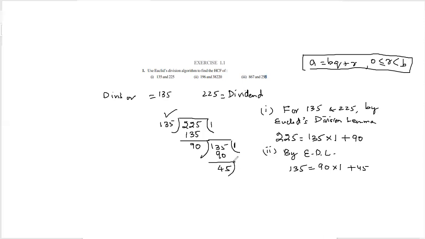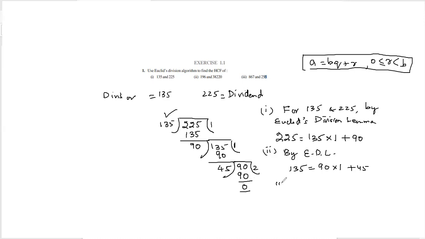Now again 45. Now what will we write here? Can you tell me? 90, the previous divisor 90. Now we will write 90 here, and this 90 is divided by 45. So 45 twos are 90. 90 minus 90, 0. We got the remainder 0.